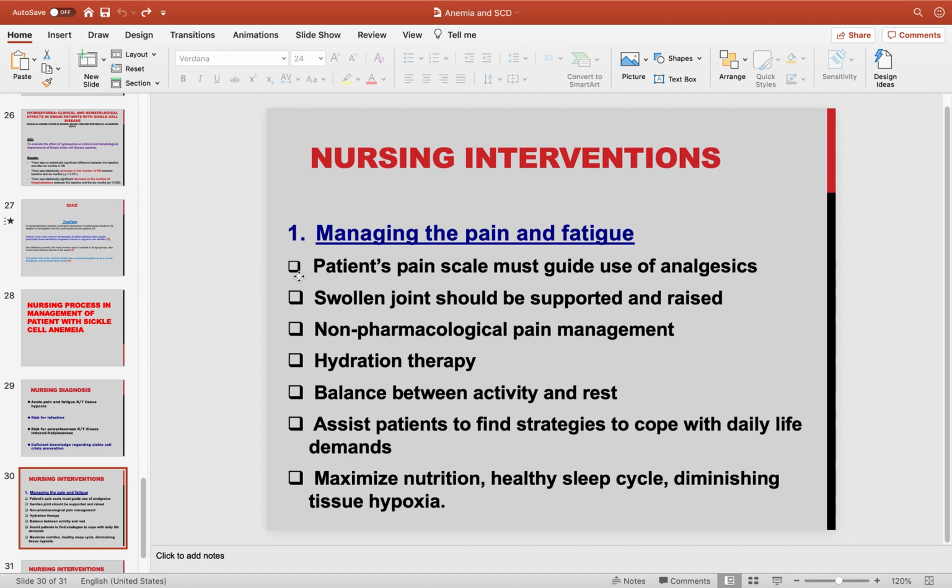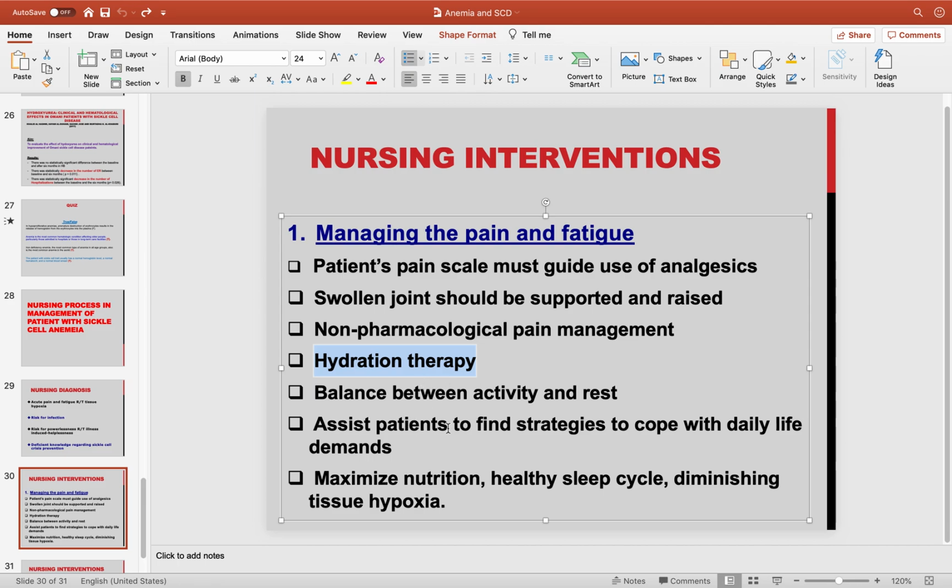Hydration therapy is one of the important things, to hydrate the patient, because one of the risk factors which increases sickle cell symptoms and crisis is dehydration. So it's very important to hydrate the patient, educate the patient about hydration, and balance between activity and rest, because as we explained before, anemia needs a balance between activity and rest.